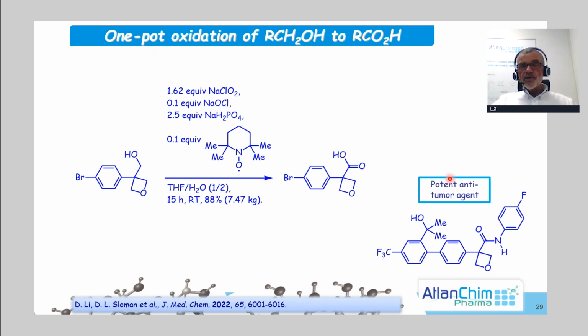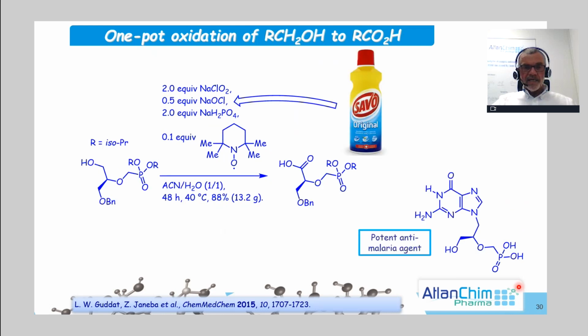In the kilogram scale synthesis of this potent anti-tumor agent, the typical one-pot sodium chlorite TEMPO bleach conditions were applied to this primary alcohol derivative to provide the corresponding acid in a good yield on multi-kilogram scale.